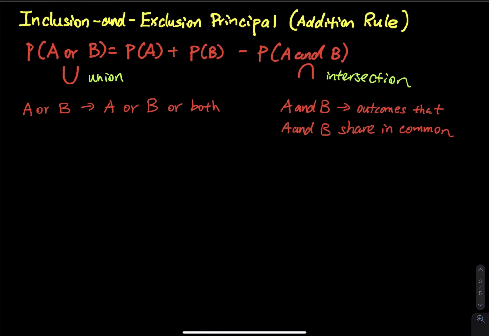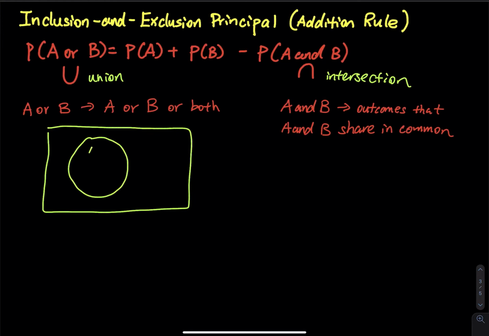So let me give you a Venn diagram. This is a sample space. I have two events. This is A, and this is B, and then the intersection is both. So A or B means I want A, I want B, I also want the both. And then what about A and B?